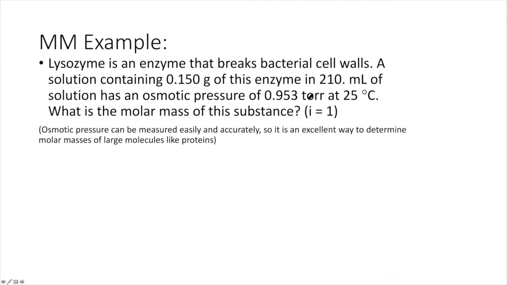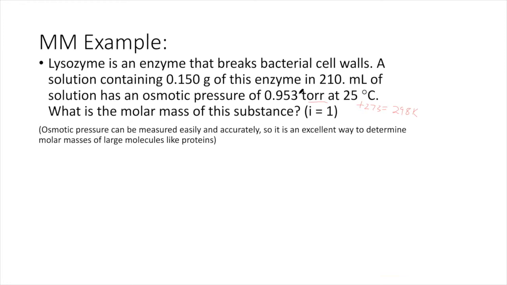First of all, let's convert this torr into atmospheres, because we know that that's going to be the units that we need for the calculation. And also, we need to add 273 to the temperature. So that is familiar enough. That's 298 K. Okay, well, 0.953 torr, we need to change that into atmospheres.